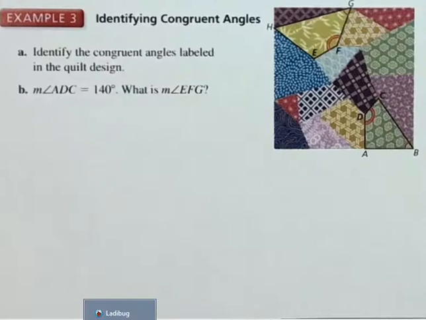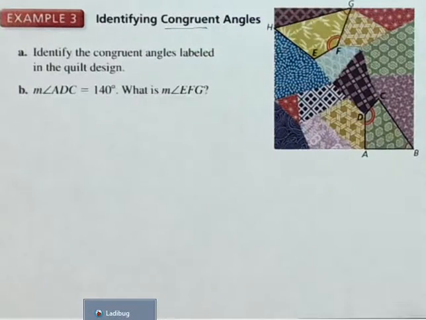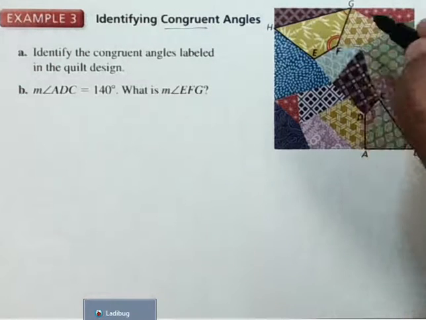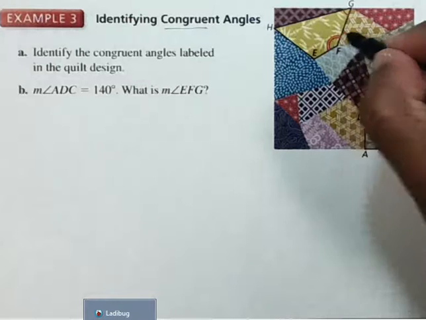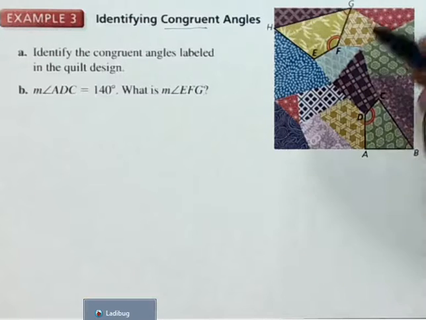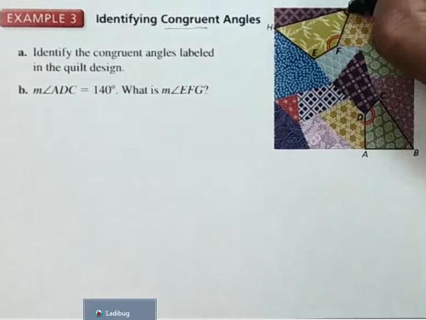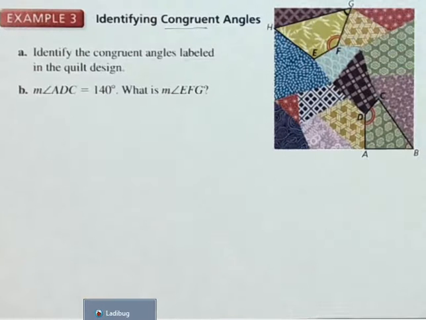Next we're going to talk about congruent angles. Now on a diagram, you'll notice there'll be these little tick marks like we have for segments. They're arches. So you'll have arches to tell you which angles are congruent to which one. So up here, angle G has one tick mark.